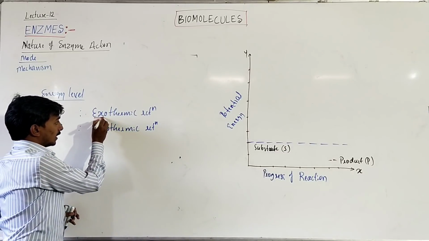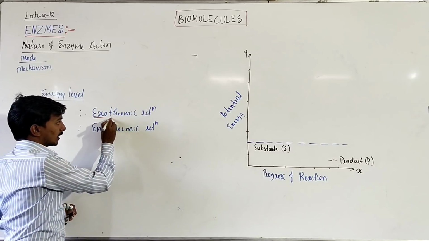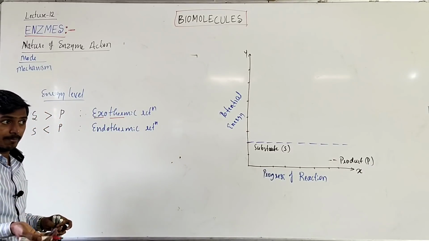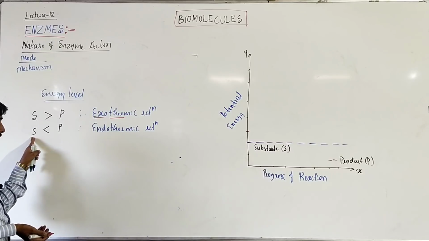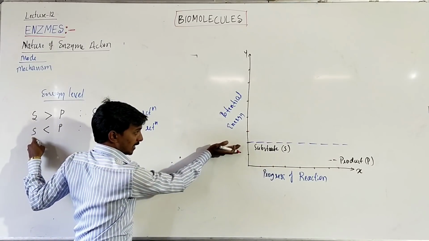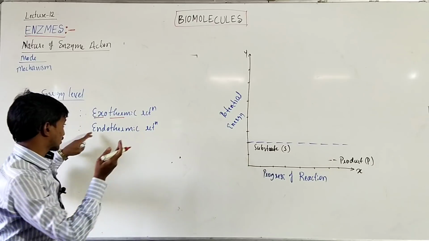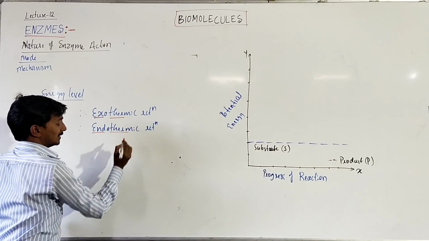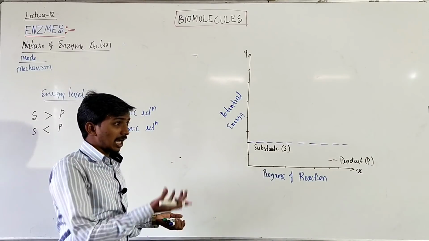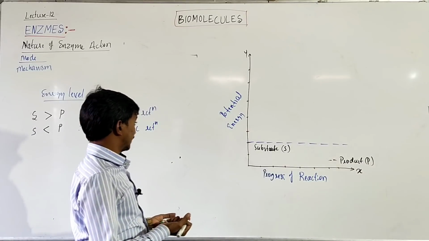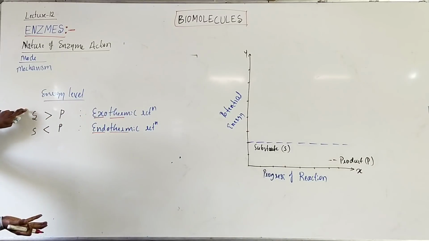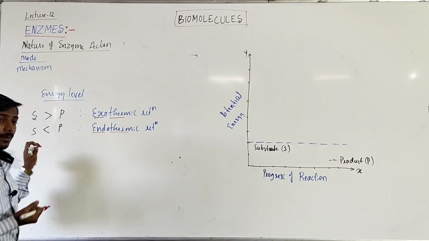Exo means release, thermo means heat, so heat is released. But when the substrate has less energy and the product has more energy, then the reaction is endothermic, meaning heat is absorbed. In this case heat is released, in this case heat is absorbed.